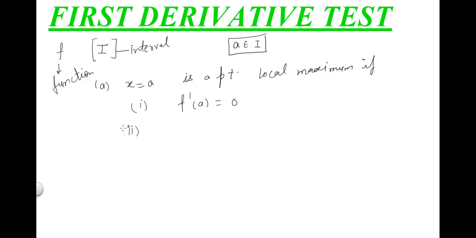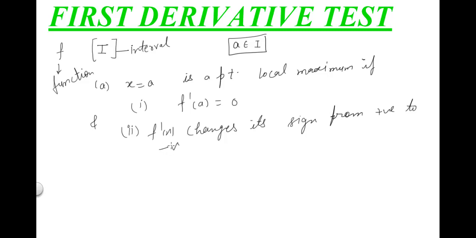Second, these are the two compulsory conditions: f dash A equals 0 and f dash x, that means the first order derivative, the tangent, changes its sign from positive to negative. Okay, why is this being said?